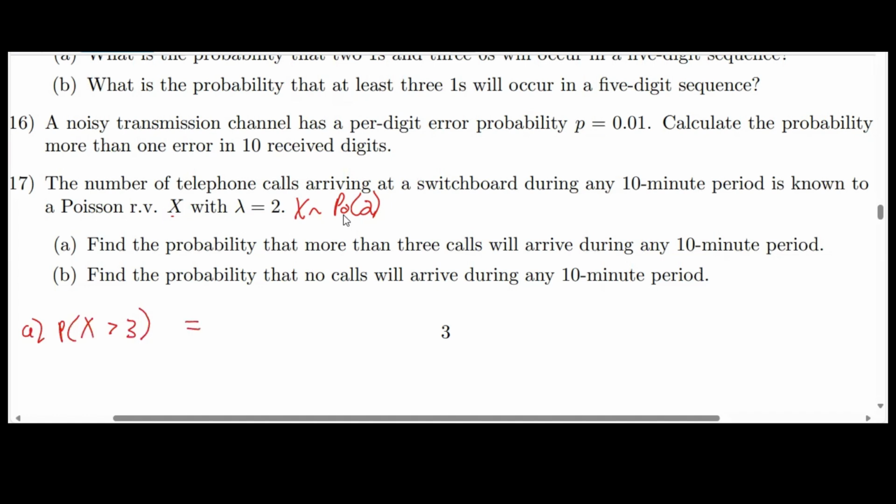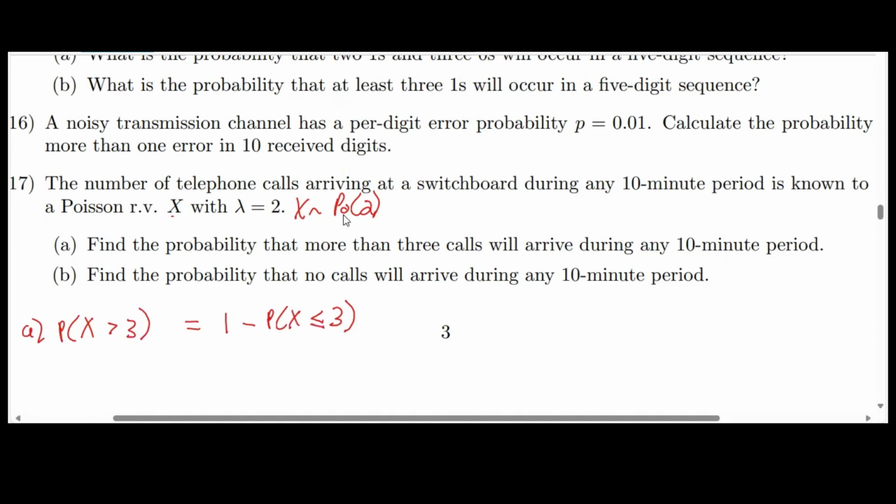So this would just be 1 minus the probability X is less than or equal to 3. Since it said more than 3, it will start at 4, so it has to include 3 here.